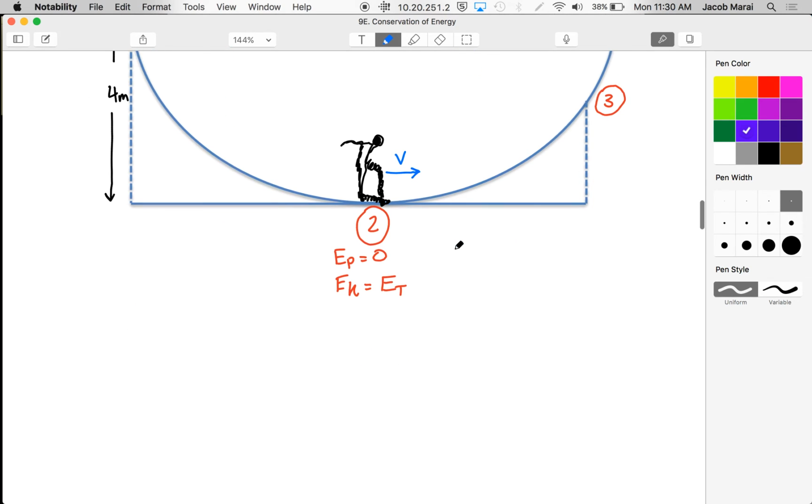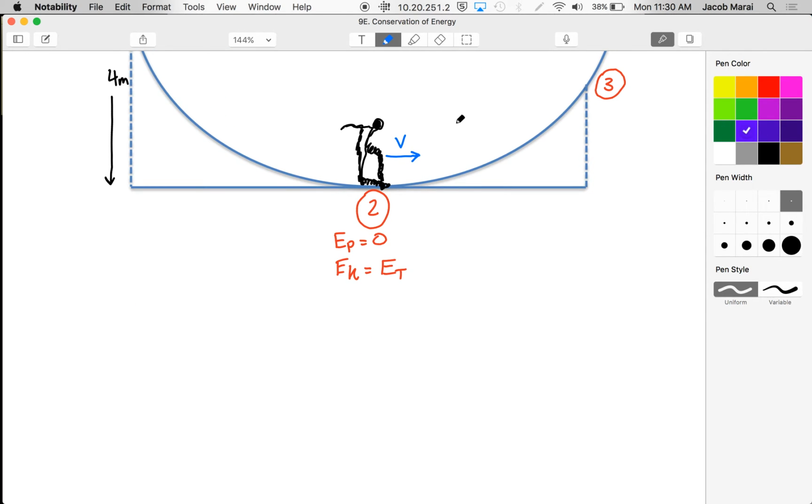Okay? So let's have a look at point 2. I'll just color code this blue. We make our same statement, ET equals EP plus EK plus EF. Again, we're assuming EP equals 0, EF equals 0.